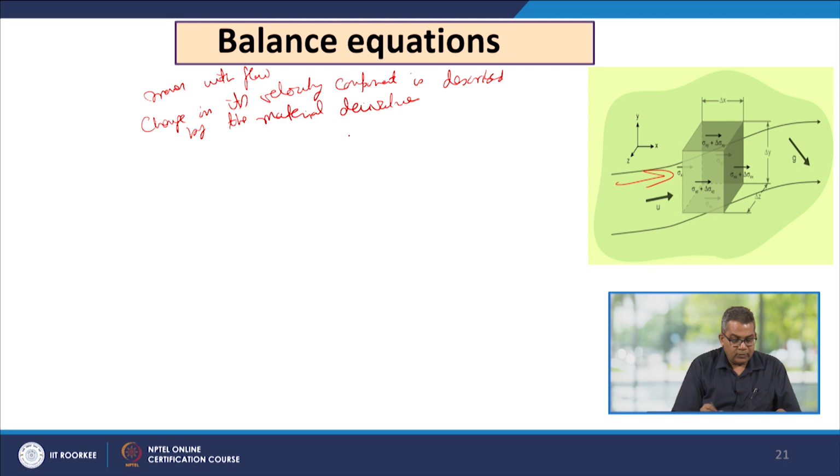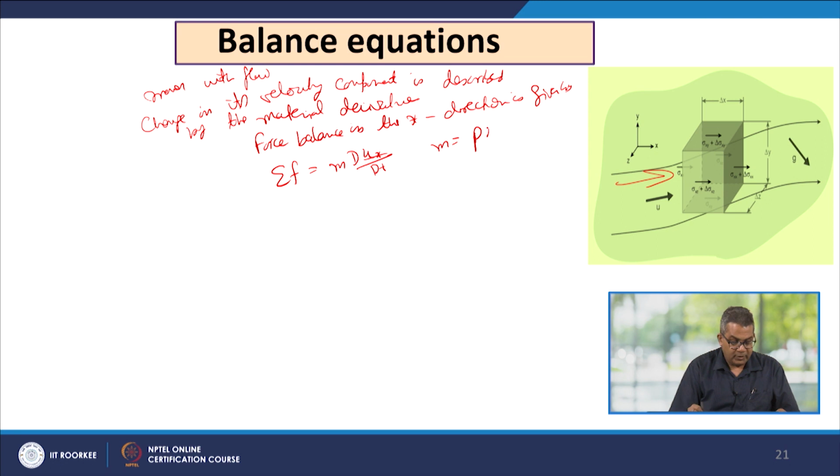So, therefore, the force balance in the x direction is given by summation F is equal to m du x over dt, where m is equal to rho delta x into delta y into delta z.